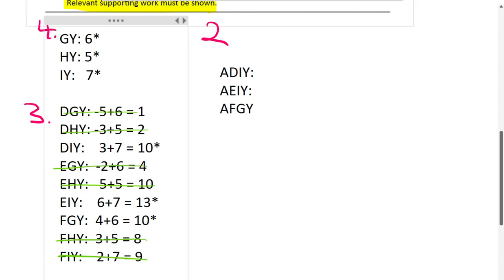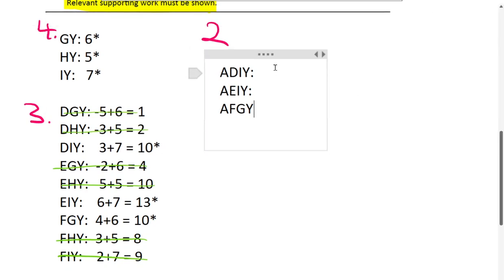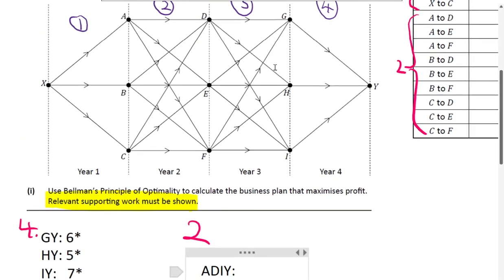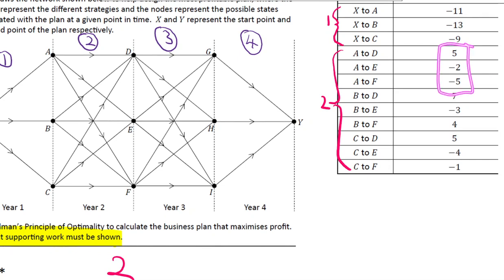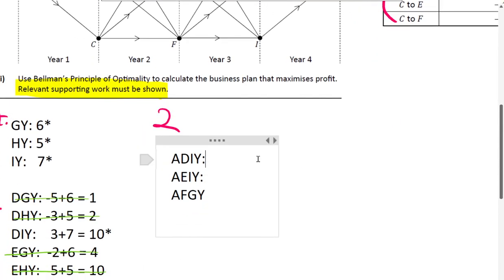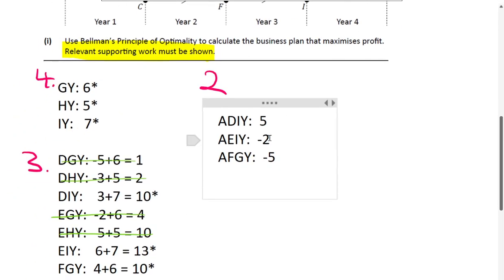So what we now look at is what's the weight of the path from A to D. A to D is 5, so 5 minus 2 minus 5. So it's 5 minus 2 and minus 5. Just want to make sure that's correct. Yep. So this is where we're at.